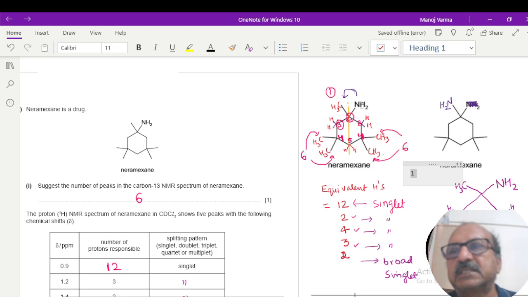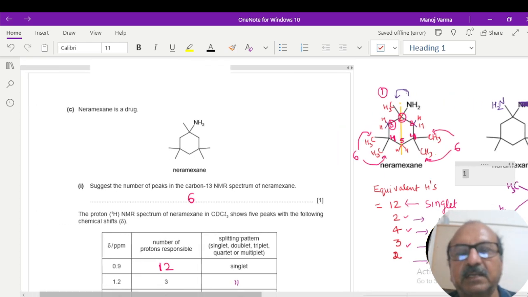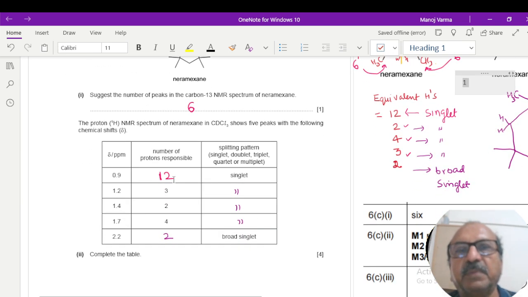Because these are attached to nitrogen, they will give a broad singlet. Looking at which equivalent protons are missing, I could figure out that this 12 was missing from the table, and that's how I understood that there should be 12 protons responsible for this singlet.